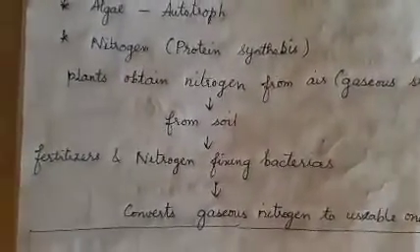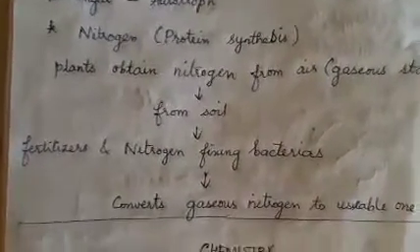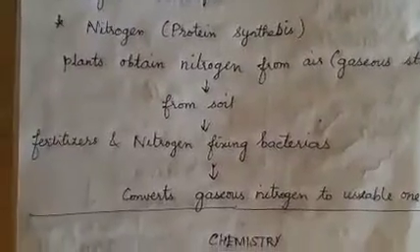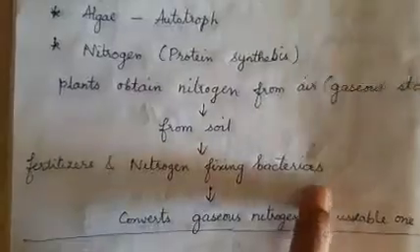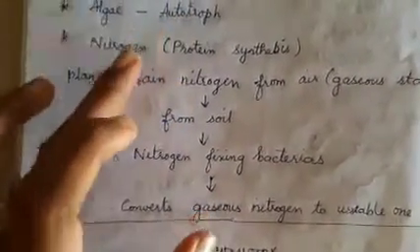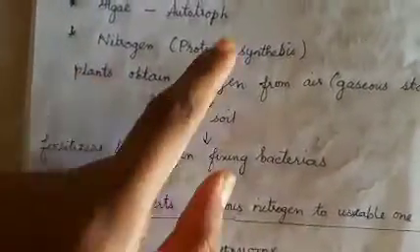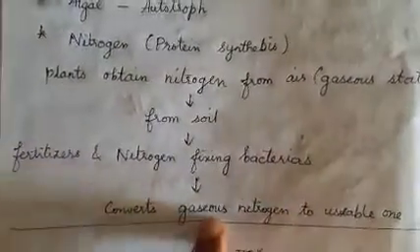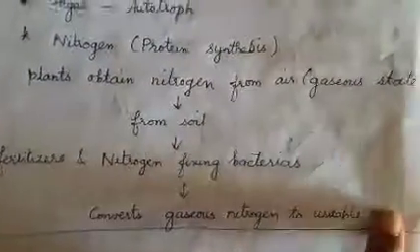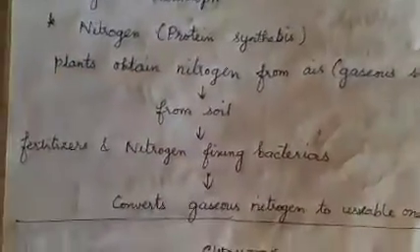Earthworm is your farmer's friend. Similarly, your soil has some bacteria. There is a specific bacteria called nitrogen fixing bacteria which does the only work of making the nitrogen present in the atmosphere available to the plant as a protein. It converts the atmosphere's nitrogen which is in the gaseous state to a usable form for the plant.